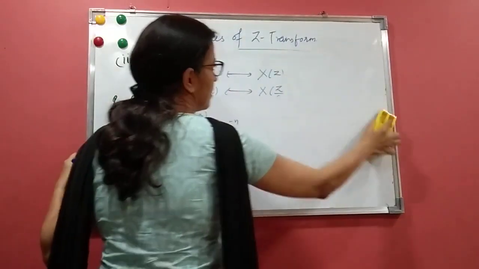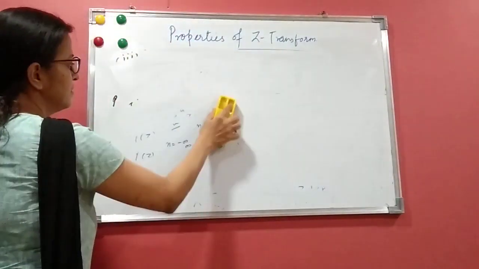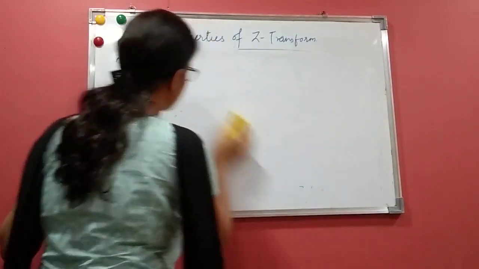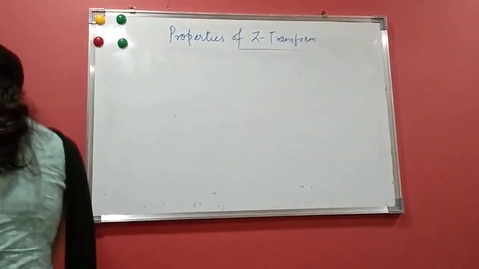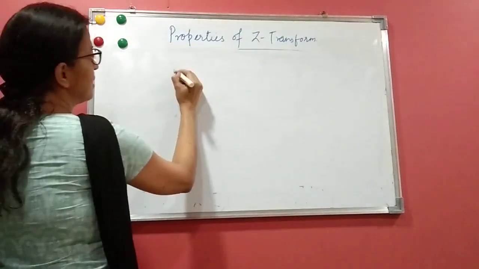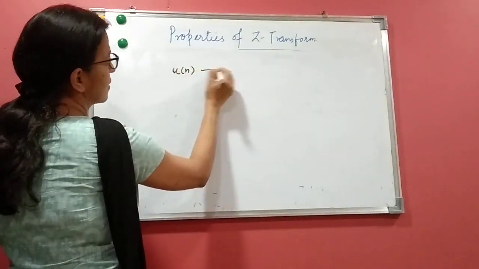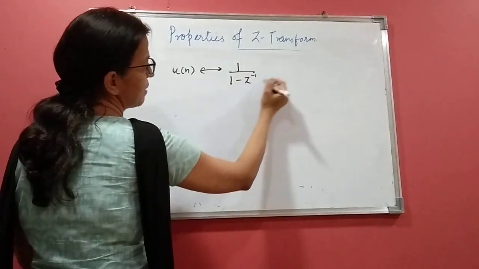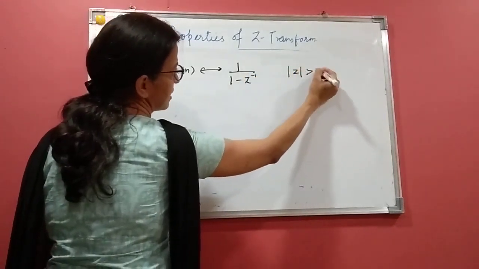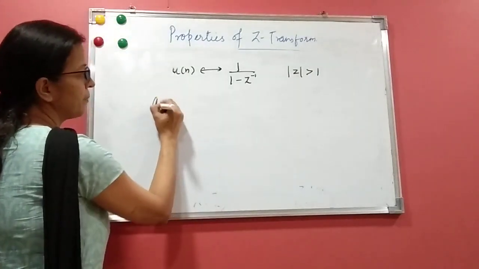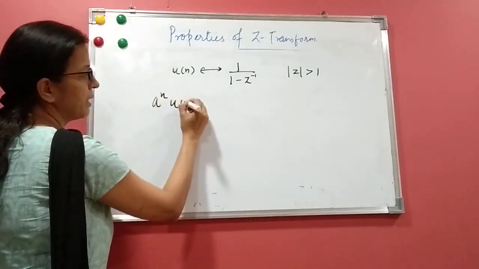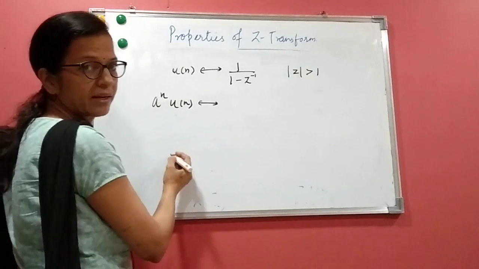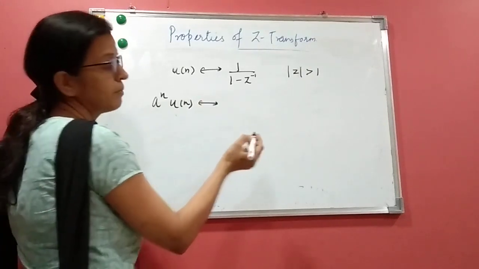For example, in the last lecture we also found the z transform of u of n. The z transform of u of n is 1 upon 1 minus z raised to minus 1, with mod z greater than 1. So by the scaling property, if a raised to n is multiplied by u of n, z raised to minus 1 should be multiplied by a.